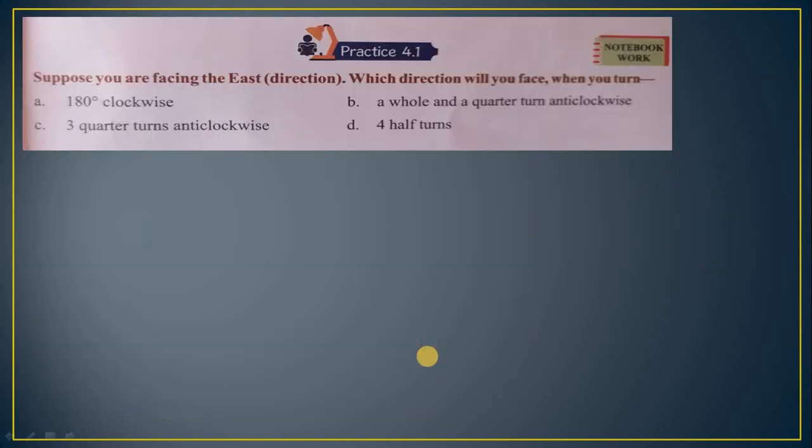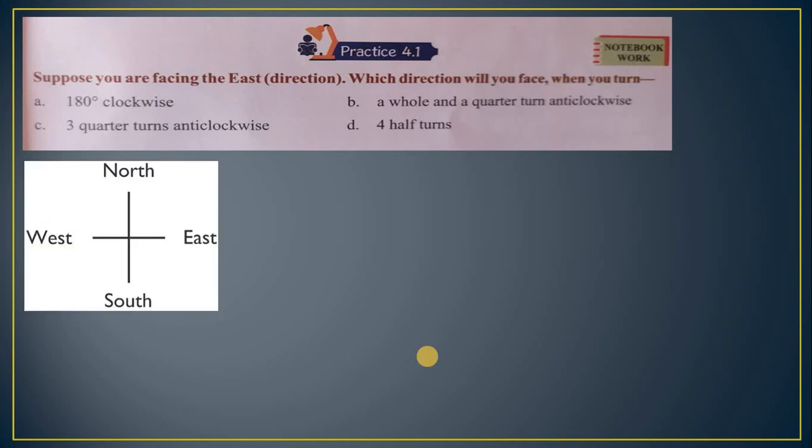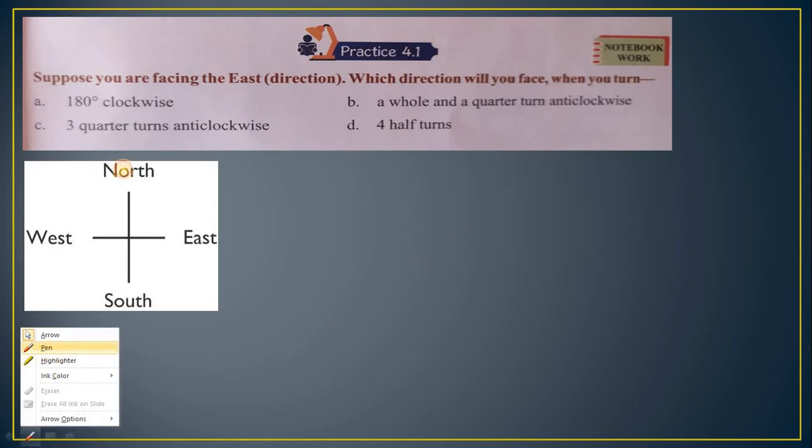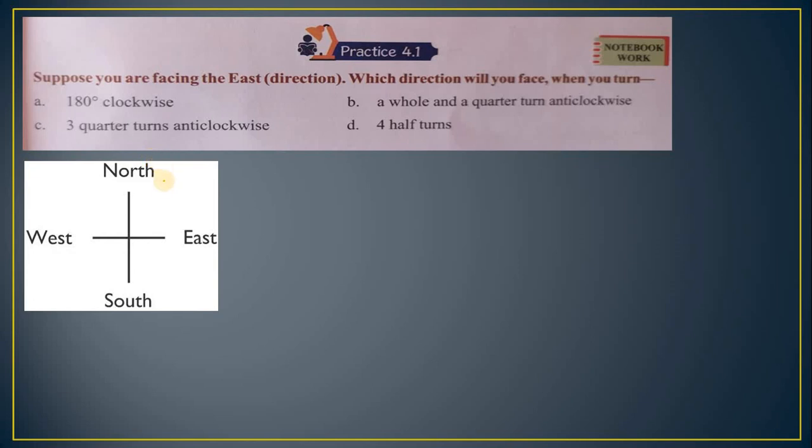So according to the textbook, some exercises have been given. We will see them one by one. Suppose you are facing the east direction. What direction will you face? So first you should know this diagram. There are a total of 4 directions: north, south, east, west. According to question A, the angle is 180 degrees clockwise. Suppose anyone is facing the east direction.